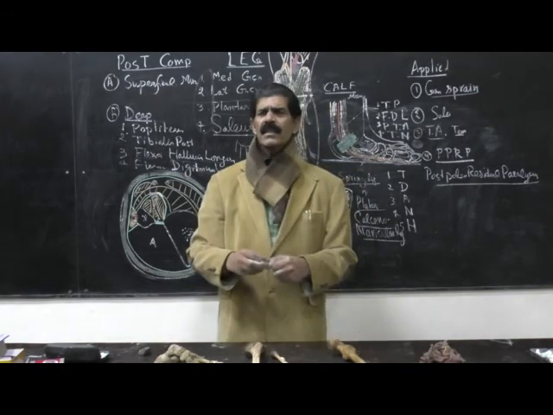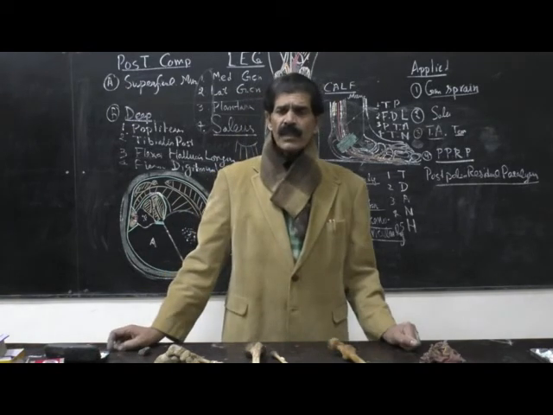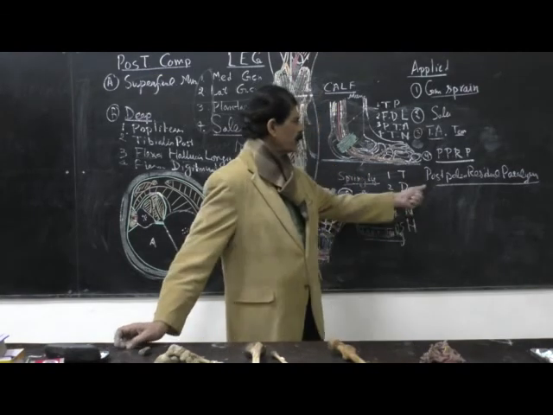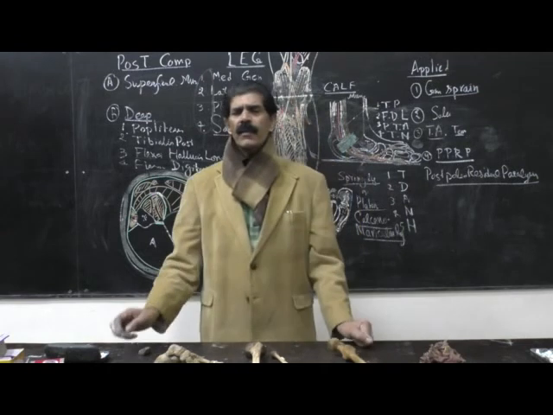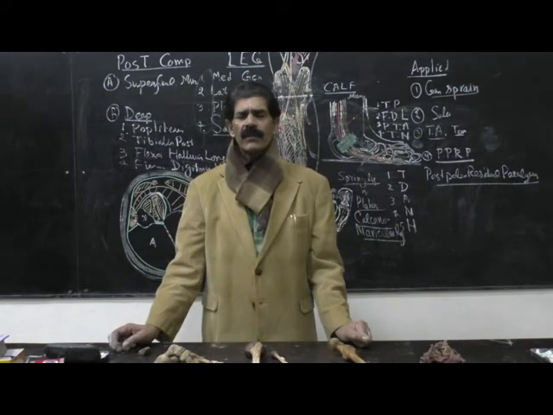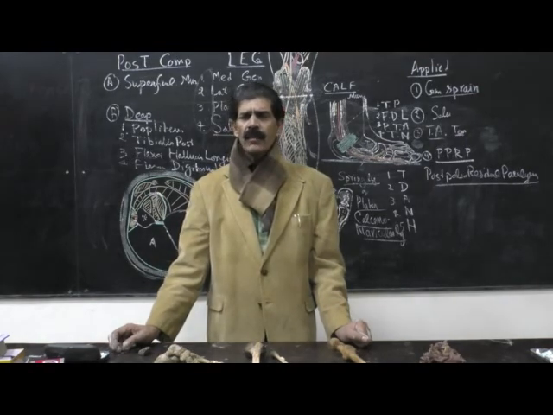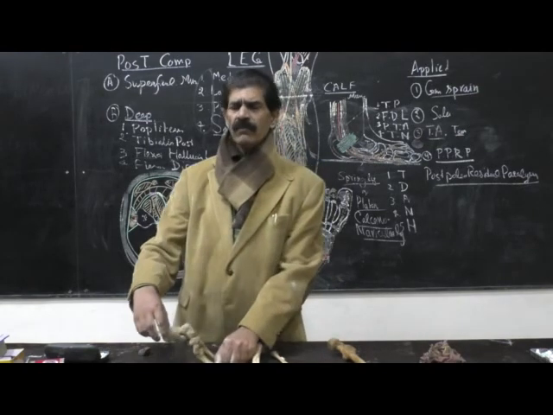Muscle fibers are just thin and rubber-like, ribbon-like. Such a case is due to post-polio residual paralysis. So the main complaint is that there is flexion of the affected knee joint, and there is a foot drop deformity, and the heel is raised above the ground.